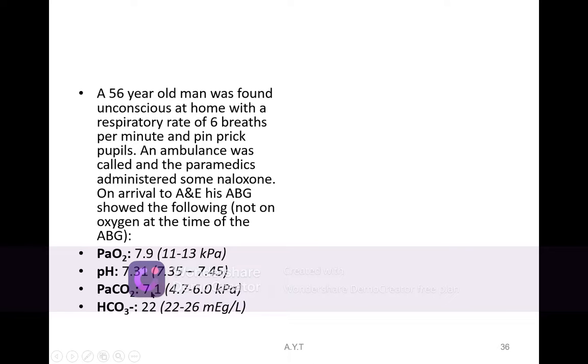Higher means that there is retention of carbon dioxide in the blood. More carbon dioxide is found, so pH should be lowered. It is respiratory acidosis. It should be compensated by bicarbonate, which is normal. It is uncompensated, not partially, sorry, it is an uncompensated type of respiratory acidosis.